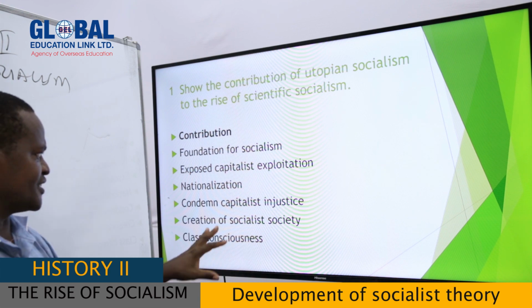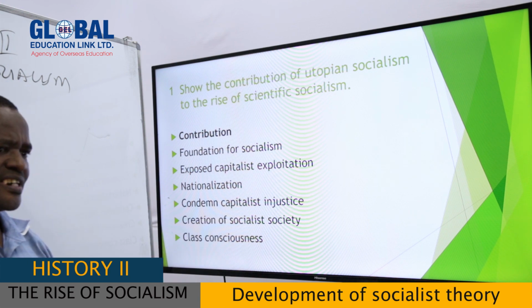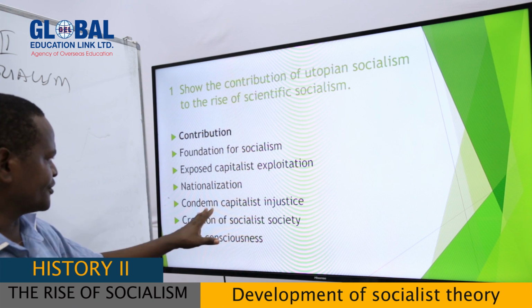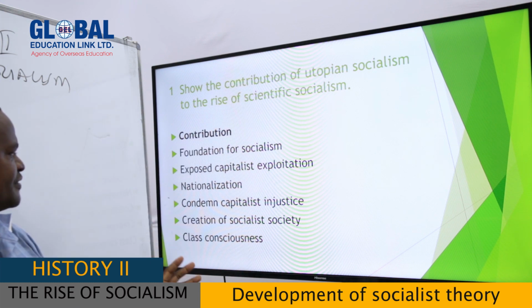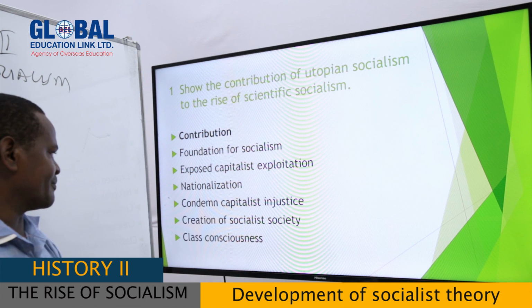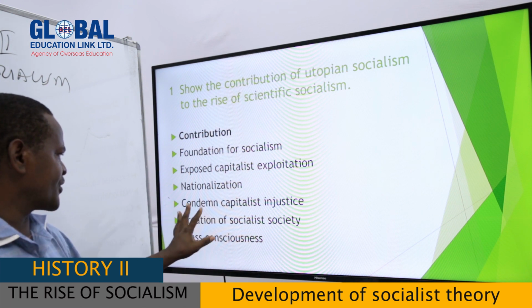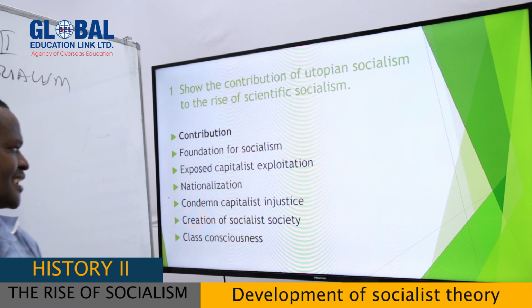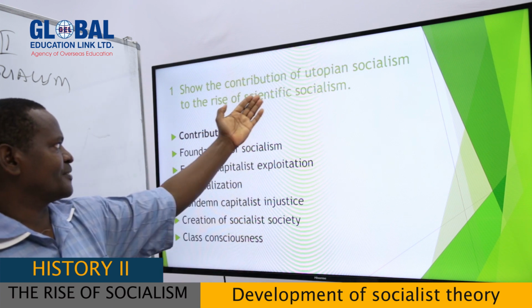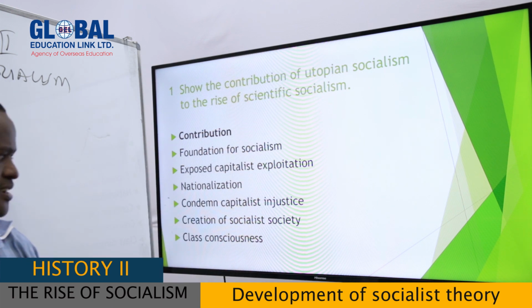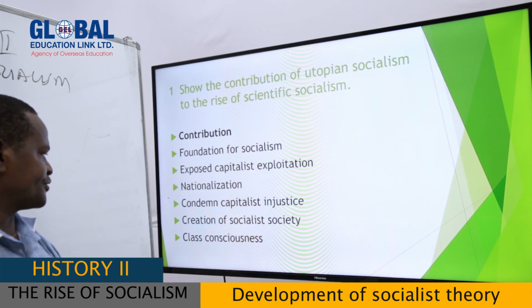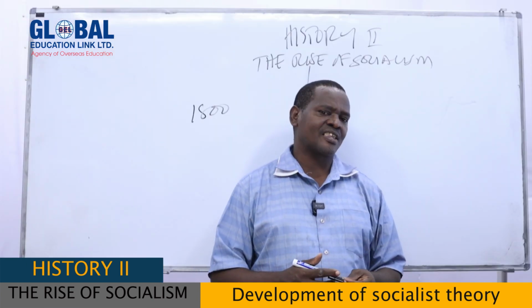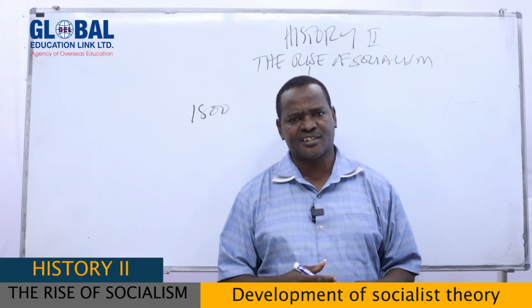Another thing is they condemned capitalist injustice, that the capitalist system is an unjust system. And the scientific socialists, in fact, came to do the same. Another thing is they advocated for the creation of a socialist society, and this is exactly what the scientific socialists want. And finally, they awakened the so-called class consciousness.